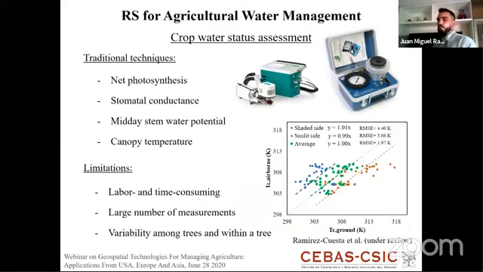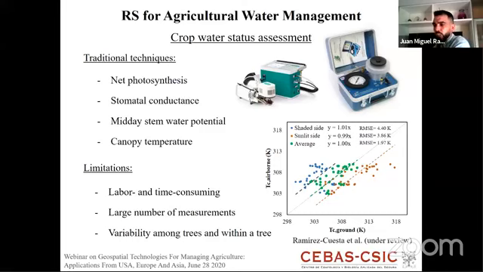The next section focuses on the assessment of crop water status, which traditionally was performed through the on-ground measurement of net photosynthesis, stomatal conductance, midday stem water potential, and canopy temperature.